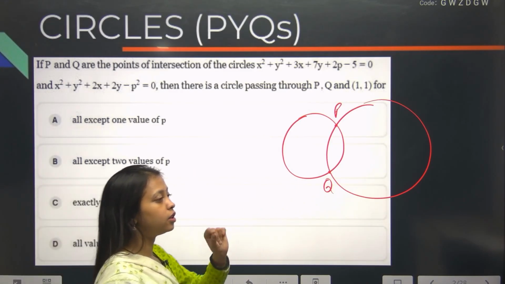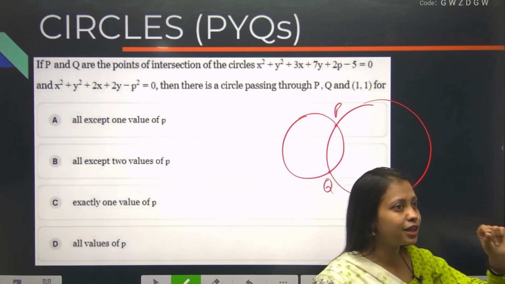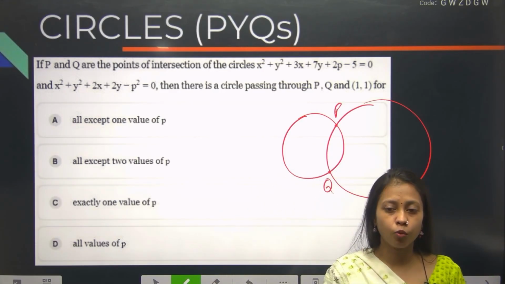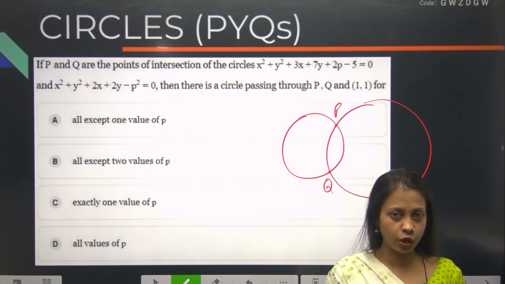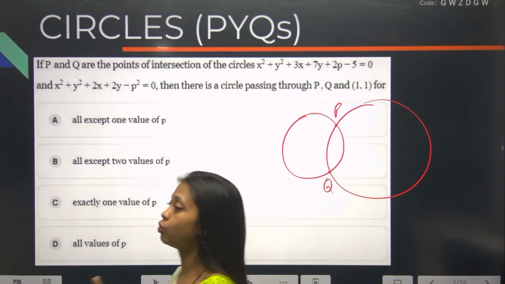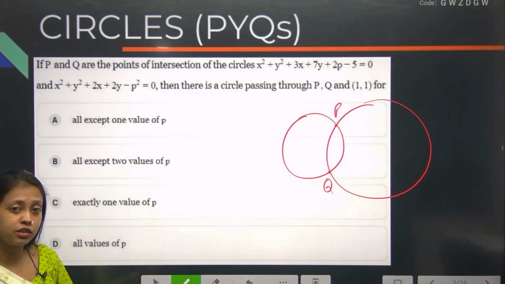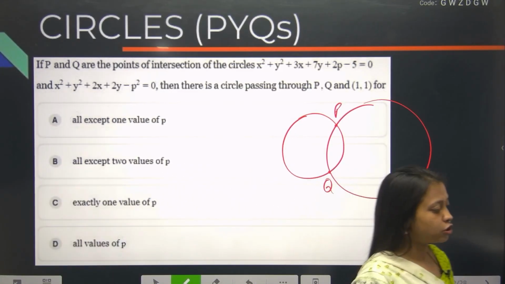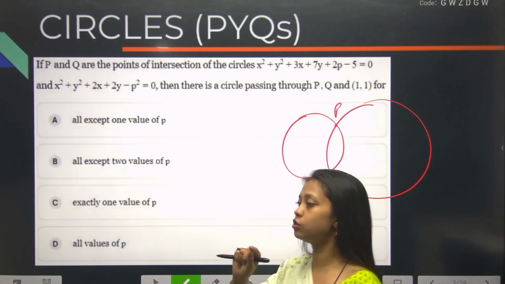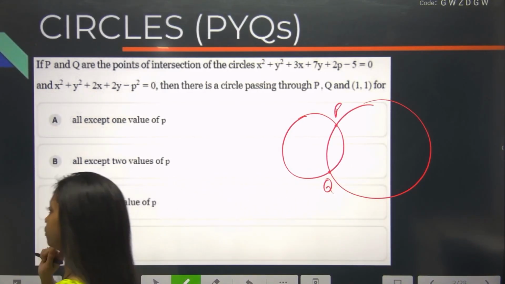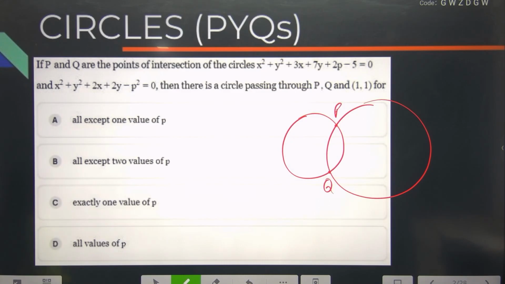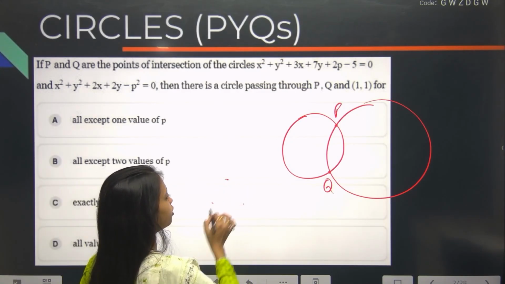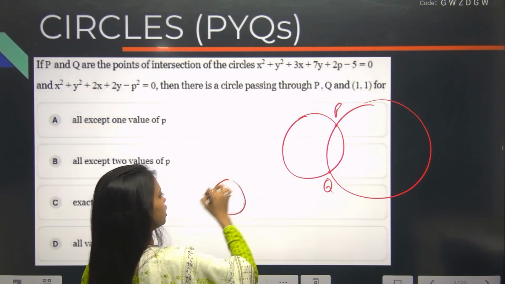I know that if a circle is possible through 3 points, what should be the nature of those 3 points? They should be non-collinear. This is a class 10th theorem. You have studied that you can make a circle passing through 3 points if and only if they are non-collinear, and there is a unique circle passing through them.